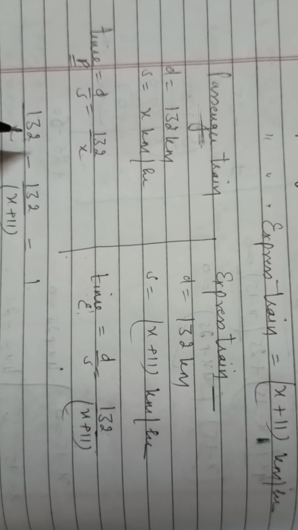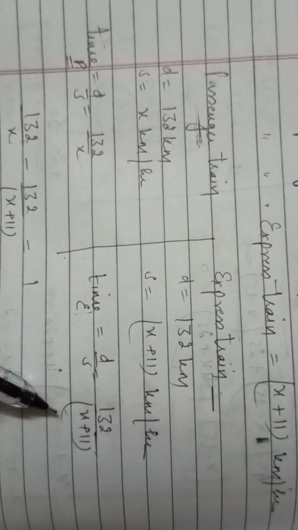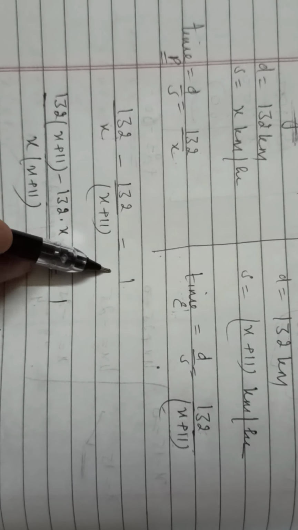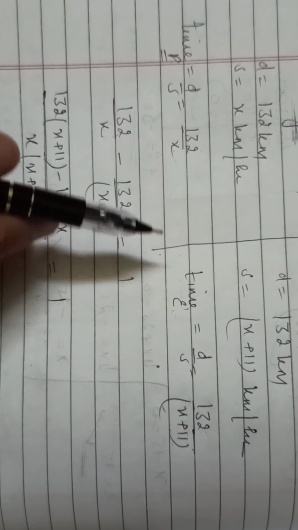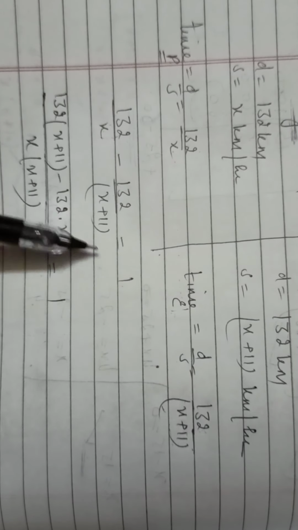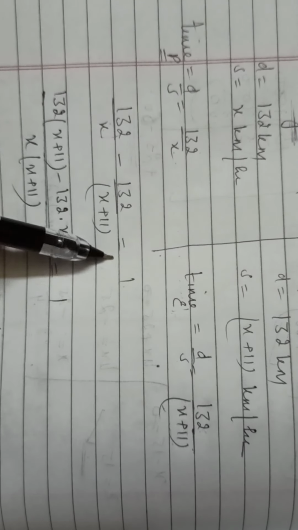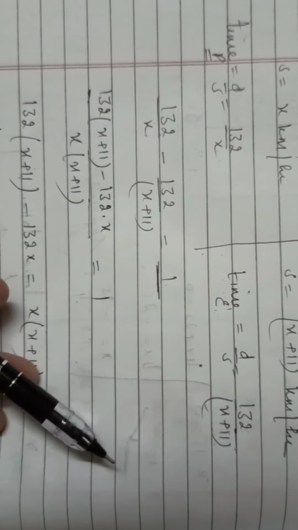The more quantity is always written first. This is more, this is less, so you will write it next. Is equal to, the difference between the two timings is how much? 1 hour. It is given that the express train takes 1 hour less than the passenger train. So the difference between both the trains is 1 hour.